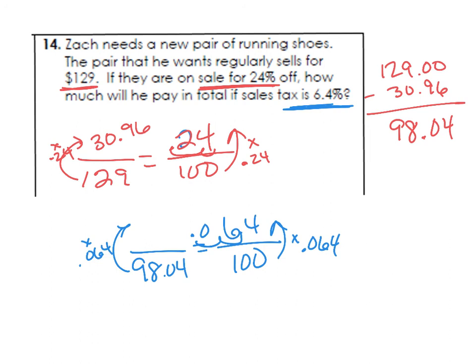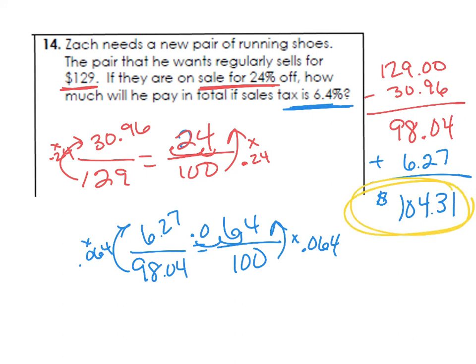Multiply that by 98. And once I round, my tax is $6.27. So I'm going to add that on, and I get a final price of $104.31. There's my final price.